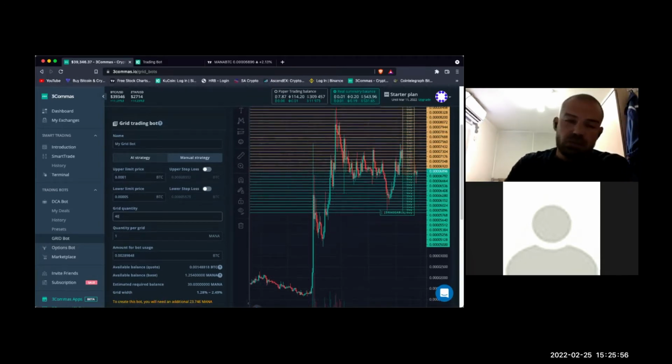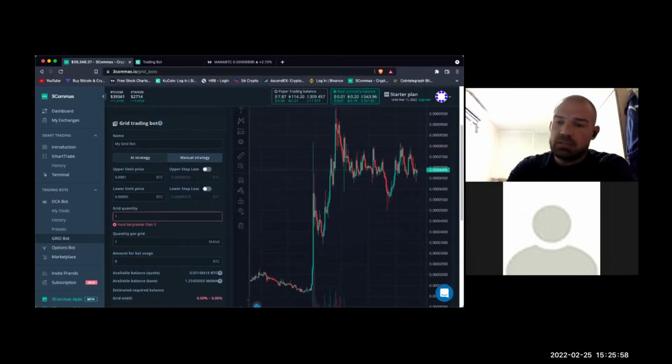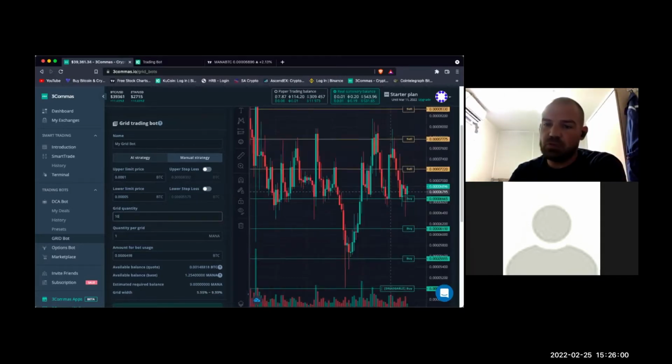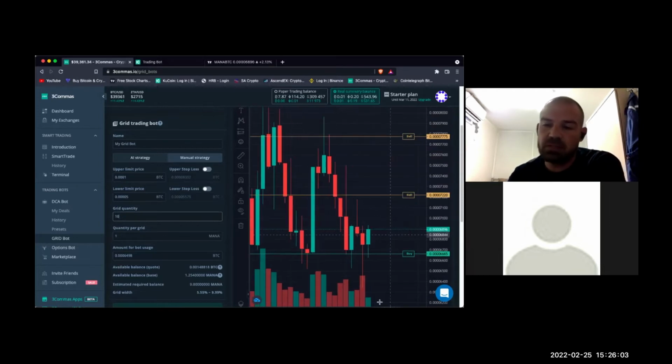Another thing I need to explain with the grid lines, if I zoom in. So let's say you start your bot right now today on this specific pair. This will be your entry point, and this is your sell line. Let's say the price goes up.